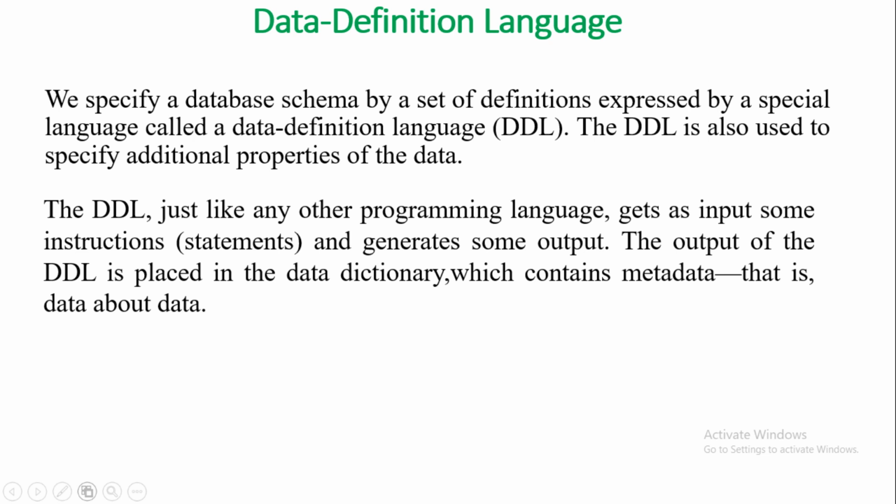The DDL is also used to specify additional properties of the data. The DDL, just like other programming languages, gets as input some instructions, also called statements, and generates some output. The output of the DDL is placed in the data dictionary, which contains the metadata. Metadata is also called data about data.